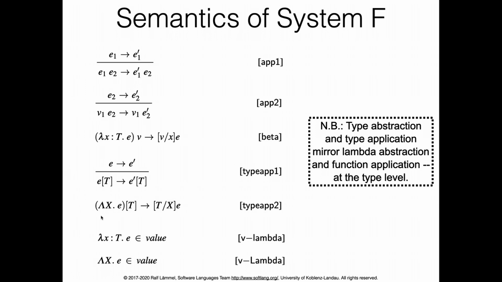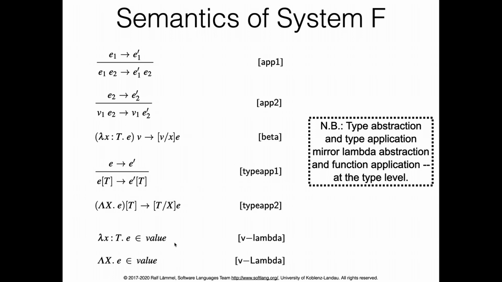Okay, and once the first position of the type application is in value form, and here it needs to be a big lambda rather than a small lambda because we want to apply a type, then we just perform substitution in a way similar to what we have seen also for regular lambdas, right? So we basically replace the type variable X bound by this lambda here within E by T.